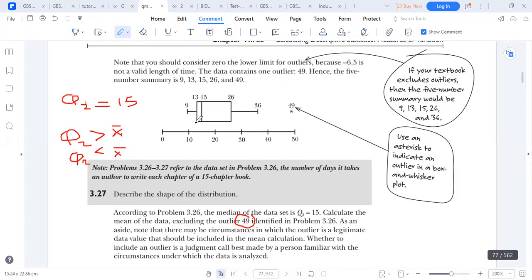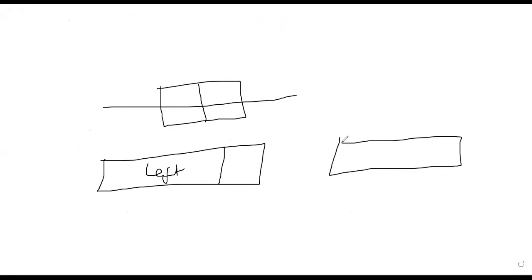So according to my definition, whenever there's a bigger gap here, it is skewed to the right. Remember what I gave you in my initial note? It still stands. This is a normal distribution. This is skewed to the left. This is skewed to the right, where there's a bigger gap.